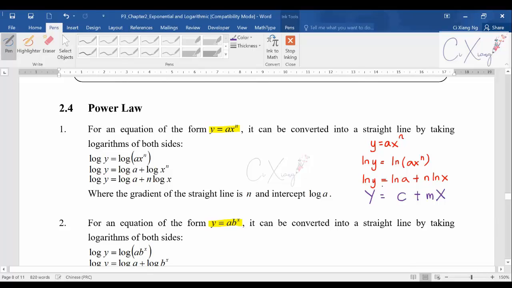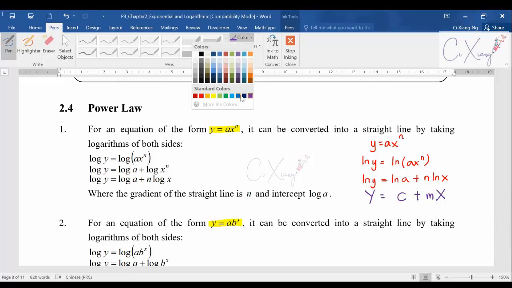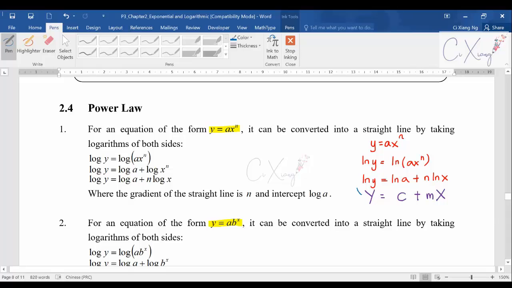So what does that mean? If you compare, you can see it like this: y is log y, x is log x, so your c will be log a, and the gradient m is n. What's the meaning of y and x here? The y here means the y-axis.